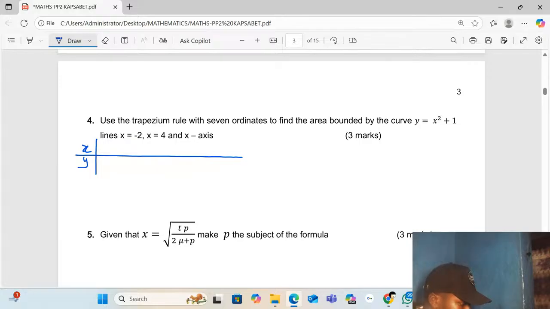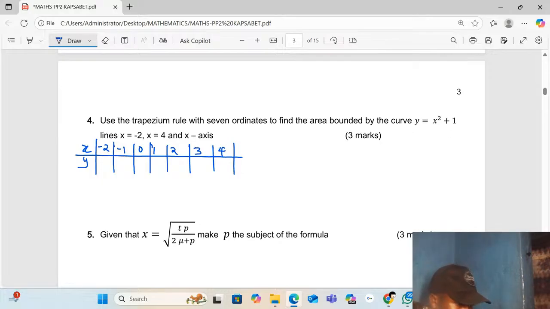So we have -2, -1, 0, 1, 2, 3, and 4. Those are the values of x. So we now fill in using the equation y is equal to x squared plus 1.